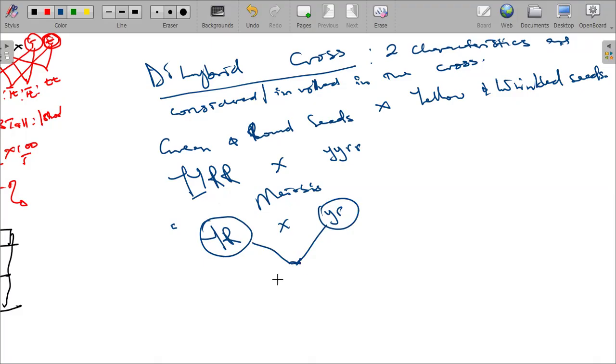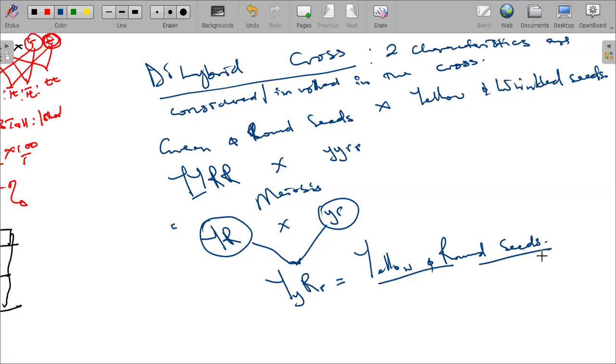So fertilization will occur where we are going to have Y and R like this. It would mean that we have yellow and round seeds as the outcome that we can get in this regard.